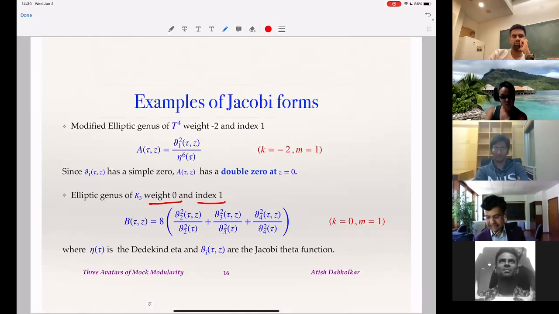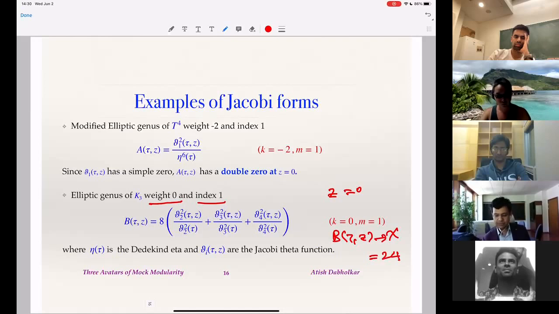So you can take these three ratios and multiply by 8. And it's easy to see that when you put z equal to 0, it goes over to the Euler character of K3, which is 24. It will be 8 times (1 plus 1 plus 1). So that's 24. And this is not a coincidence, of course, because the elliptic genus contains a lot more information than just the Euler character. It's just some topological generalization of an Euler character.